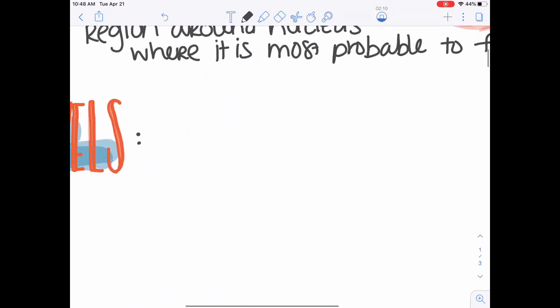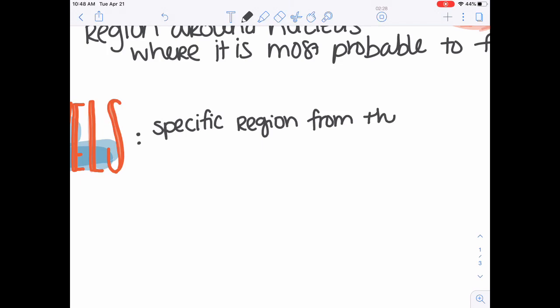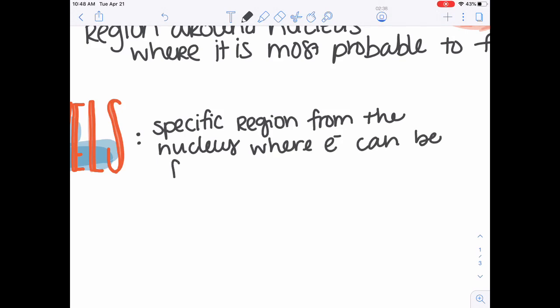So energy levels are one of our vocabulary words. An energy level is a specific region from the nucleus where electrons can be found.